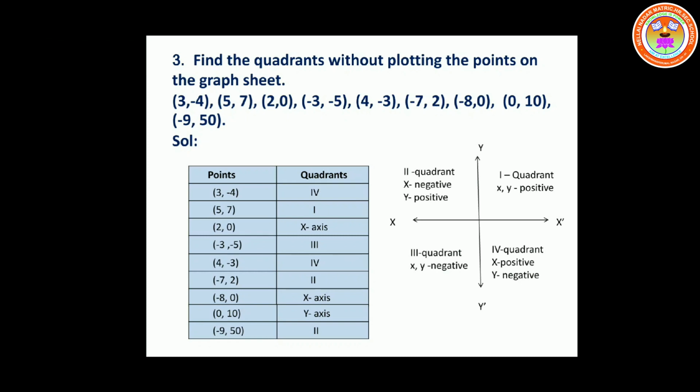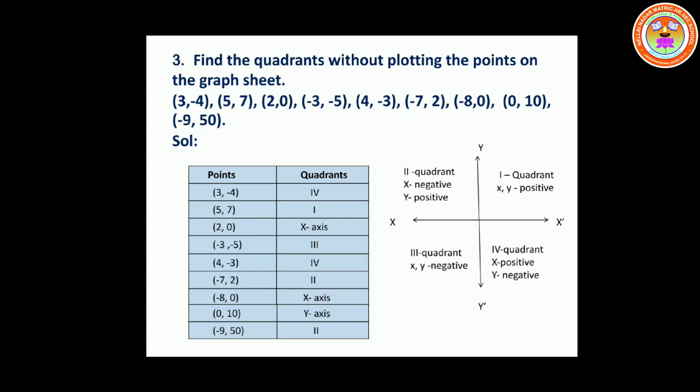So I will write the fourth quadrant, the Roman number 4. Next, 5 comma 7. So both here my x and y value are positive. So in your graph, this approximately drawn graph, where both the values are positive, it is the first quadrant. Yes, very good.